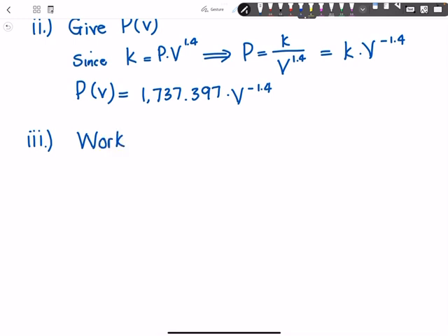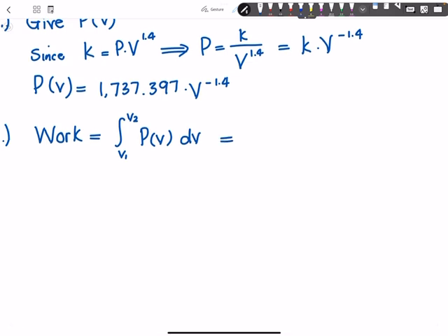Remember that work is just equal to the integral from V1 to V2 of that pressure function that we just found, dV, with respect to V. So for us, this is going to be the integral from 25 over 144 all the way to 25 over 54 of 1,737.397 times V raised to the power negative 1.4 dV.